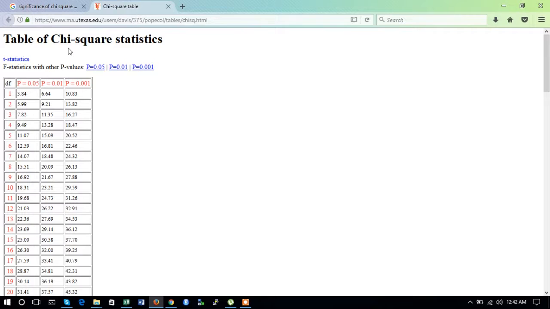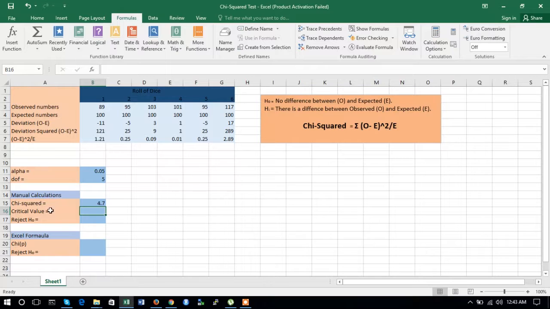This is the table for chi-square statistics, and we have the value of p, that is alpha, equal to 0.05, and the degrees of freedom in our case is 5. So the value of p is 0.05 and the corresponding value of the chi-square statistic is 11.07. This is the critical value.